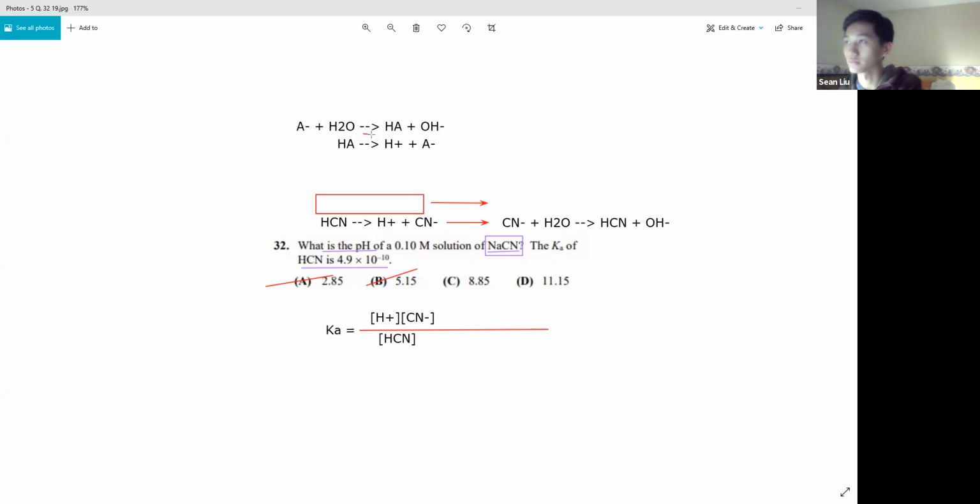So I'm just going to draw a little plus. Now that means that I have HA and HA on both sides, so I can cancel those out. I have A minus and A minus on both sides, cancel those out. What we're left with is, surprise, surprise, the water dissociation equation.